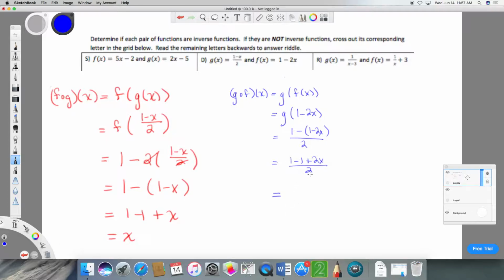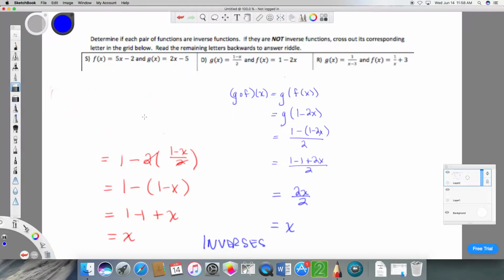The 1 minus 1 cancels, and 2x divided by 2, the 2 divided by 2 is 1, so we just have x. So these functions are inverses of each other. So you could rename g f inverse, or you could rename f g inverse. It doesn't really matter.